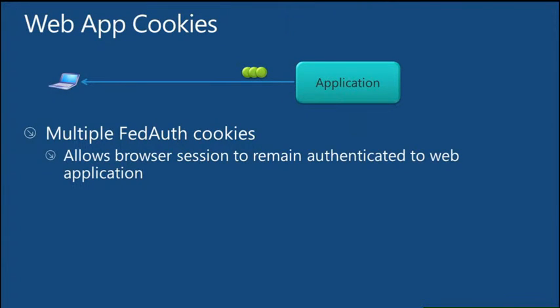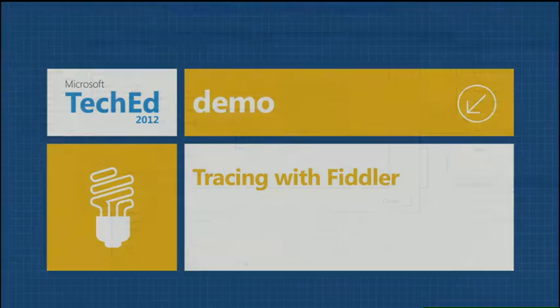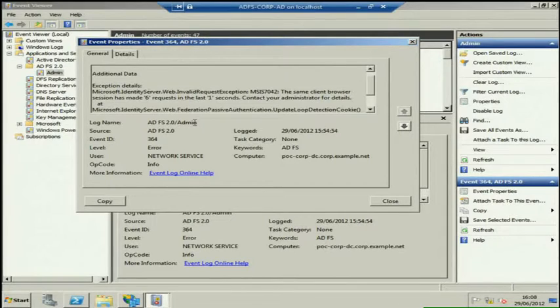Okay, so let's go back and put on a Fiddler trace. So we're going to wake this machine up first before doing this. Right, that's better. So what I'm going to do is try and troubleshoot this thing, looking at it with Fiddler.